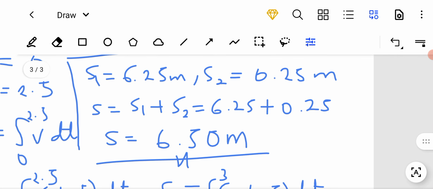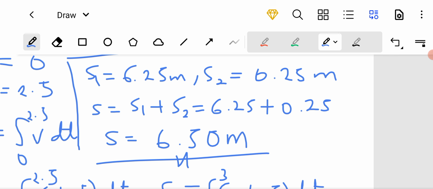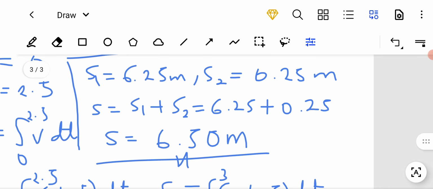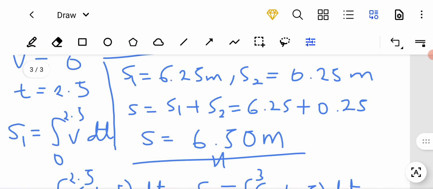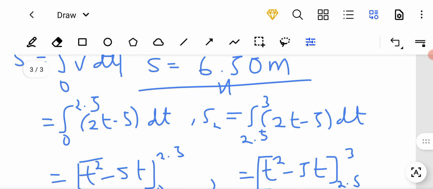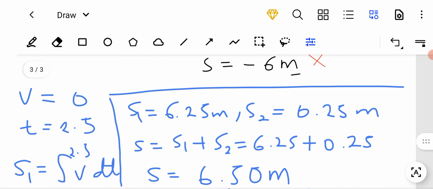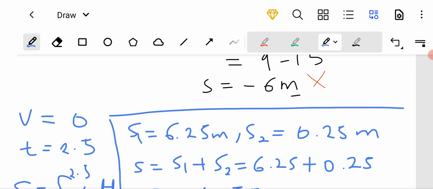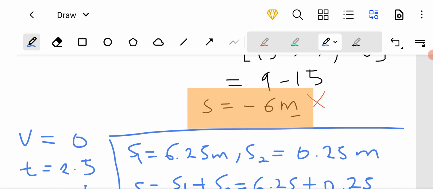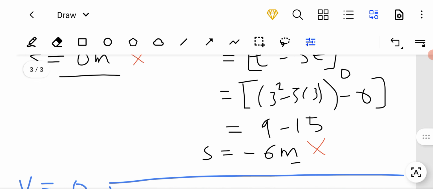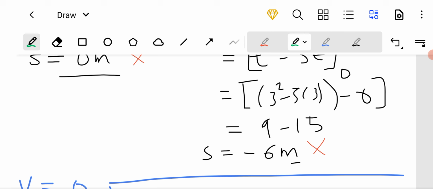So you have your negative 6, your positive 6.50 meters, like that. So this marks the end of the video. This is what I wanted us to just think about. We'll practice some questions on the same, just trying to show you where people get it wrong, because the negative 6 we found here comes about as a result of values like these.